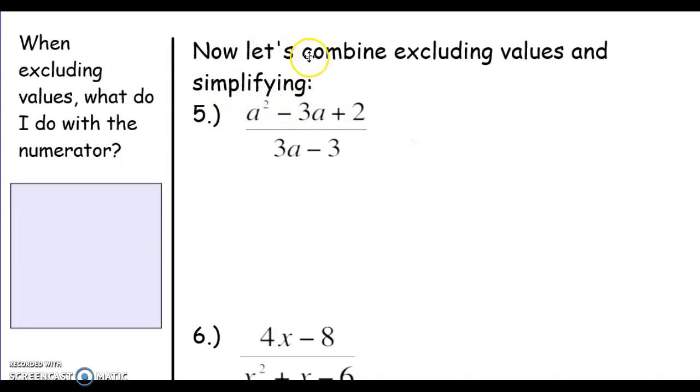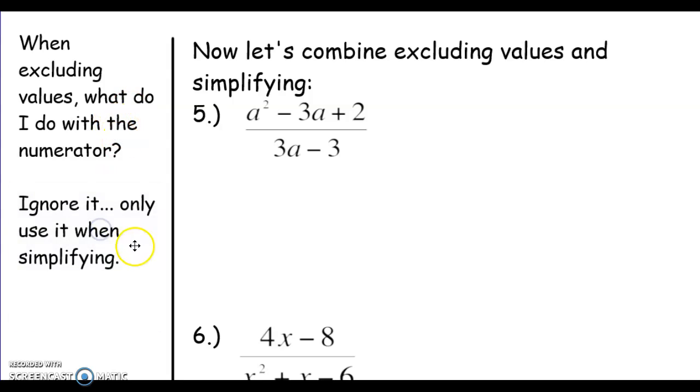Let's go right here. All right, so let's combine excluded values and simplifying. Well, when excluding values, what do I do with the numerator? Well, you ignore it. You only use it when you're simplifying. So for this one, I've got right here 3a minus 3. Oh, you know what?